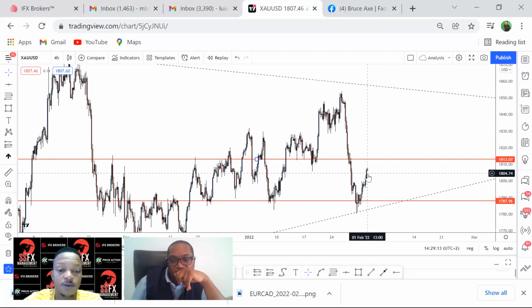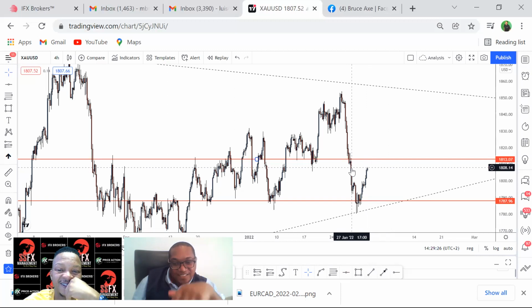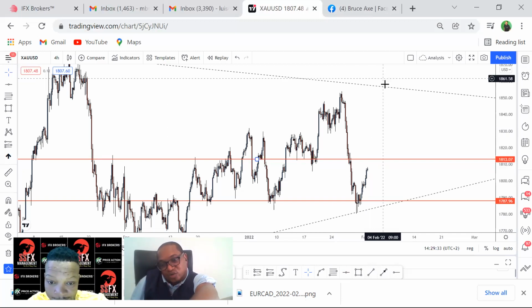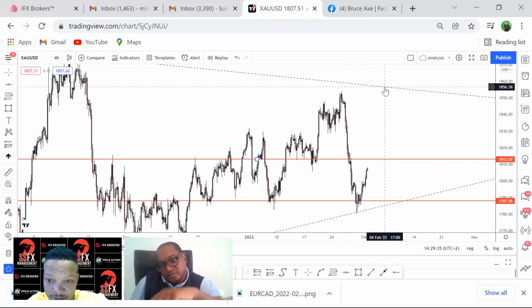That's what you should know. There should be a reason why it's going up. I don't know why. I just see it's going to the resistance, trying to come to this upper line here.